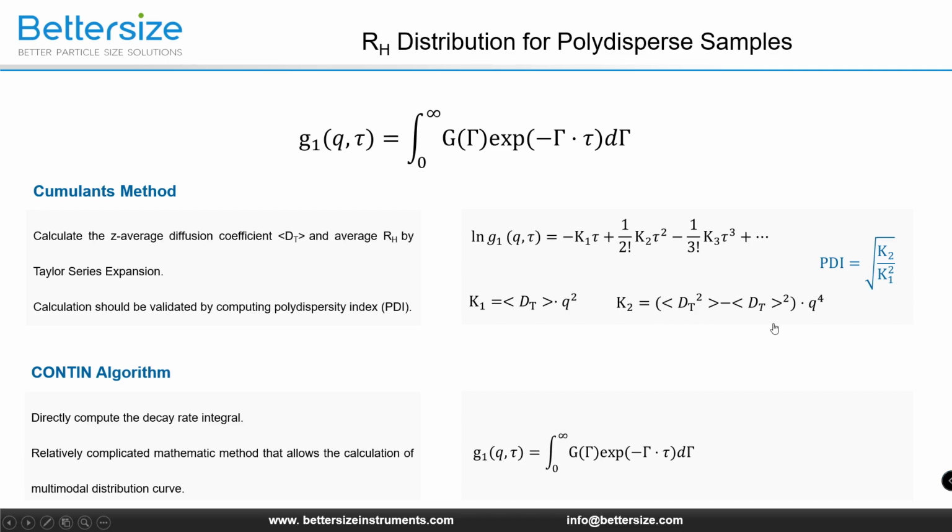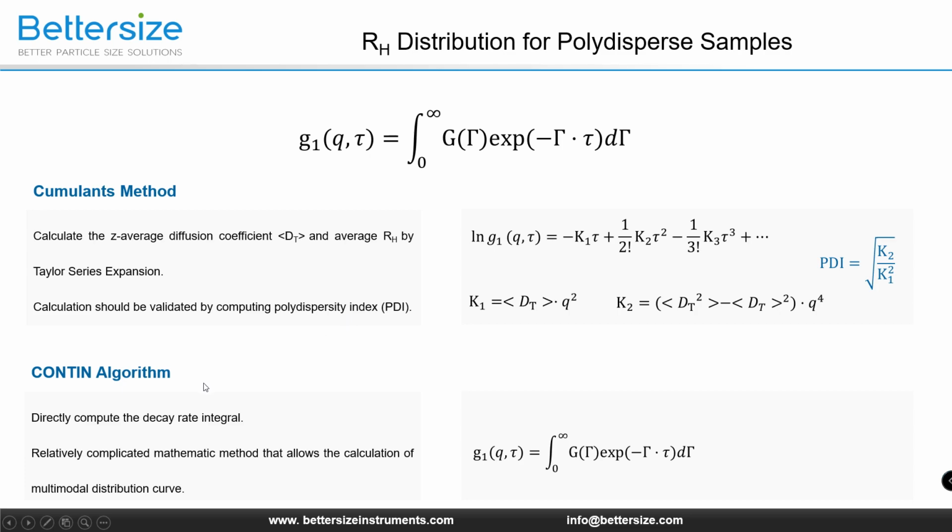However, the cumulants method is only valid with samples that have small size polydispersity. Validations of the calculations can be done by computing and checking the polydispersity index, or PDI. PDI is calculated as kappa 2 over kappa 1 squared, all under the square root, and the cumulant analysis is only valid if the PDI value is relatively small, or if the particle size distribution is sharply peaked.